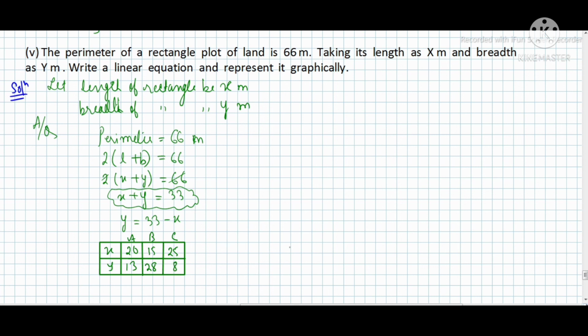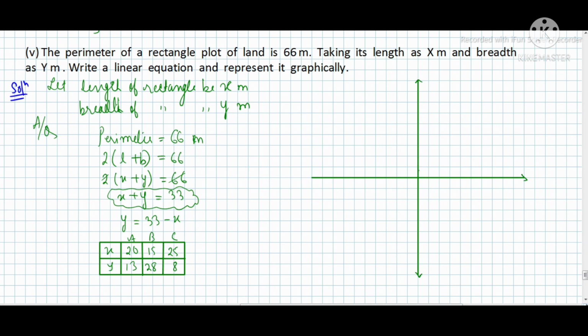Okay, so we need to plot the graph. So for that we need 2 axes, so x and y axis. So this is our required axis. So now we will plot the graph. Now how much will you consider each square unit? You can take each square unit as 5.